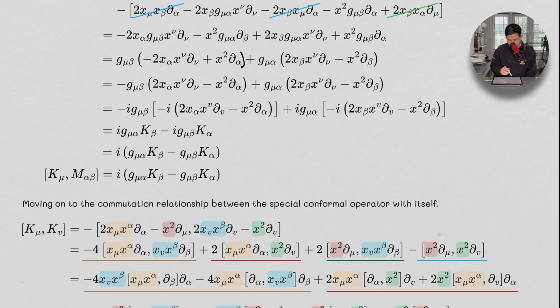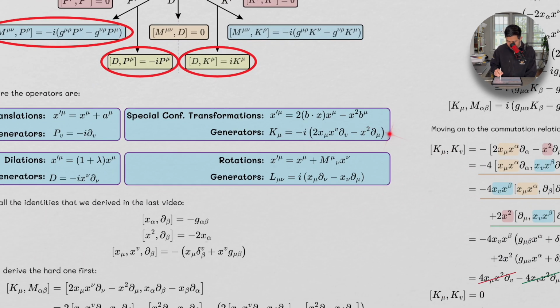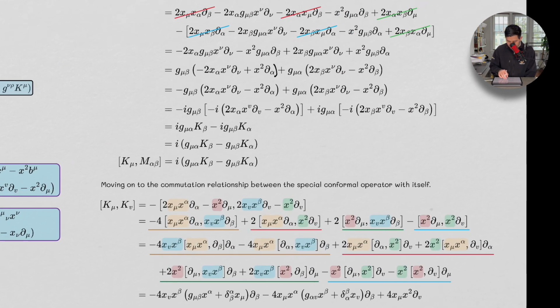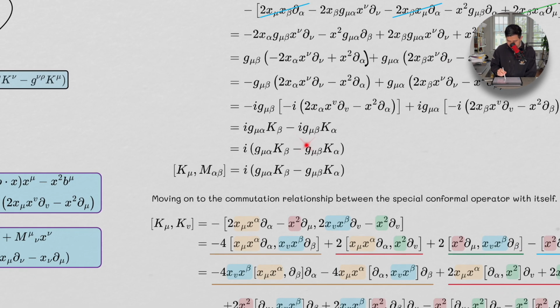But now what we're able to see is this here is just k beta. This is just our special conformal transformation generator, right? That's this guy right here. So what we end up getting is this. Factor the i out, we get this, and then this is literally just copy pasted from here to here.